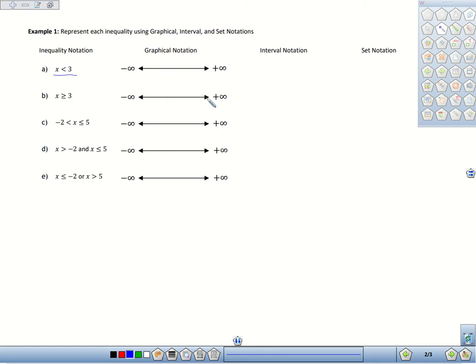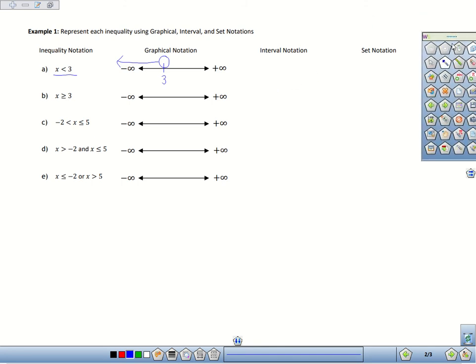The number line goes from negative infinity to positive infinity, and you can just put your 3 down somewhere on that. Is this going to be an open or closed circle? Open. Thank you. And why is it open? You got it. And X is less than 3, so which way is my arrow going to go? Yeah, it's going to go towards the negatives, to the left, because we're talking about values less than 3.